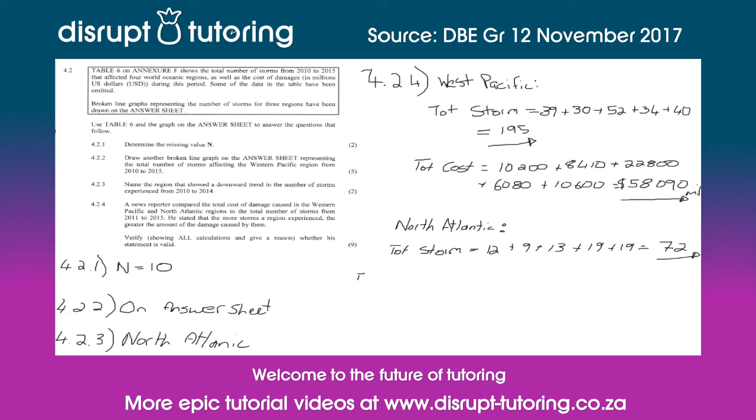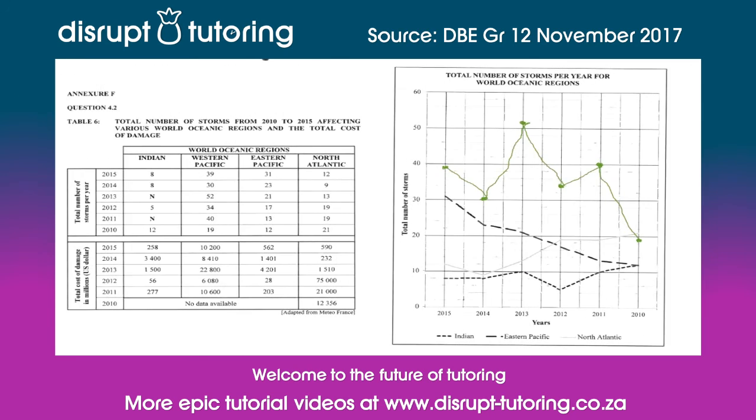The total cost, so your total cost is now going to equal, looking back at our data, we've got the total cost, which would be 21,000, 75,000, 1,510, 232, and 590.